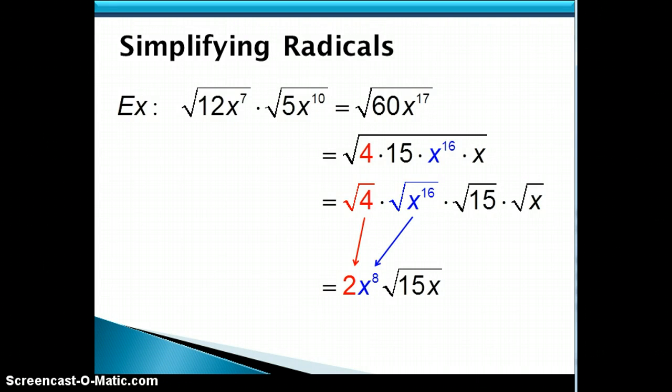The square root of x to the 16th is x to the 8th, because again we cut the exponent in half. And then the last two factors that are not perfect squares, we're going to combine those under a single square root sign and multiply the 15 and x together underneath that square root sign. And that would be our simplified answer.